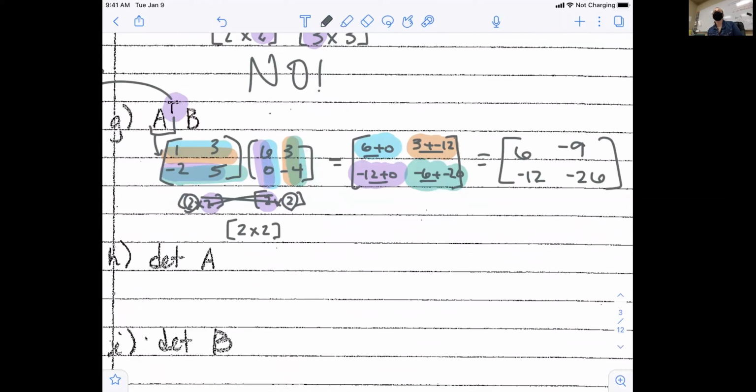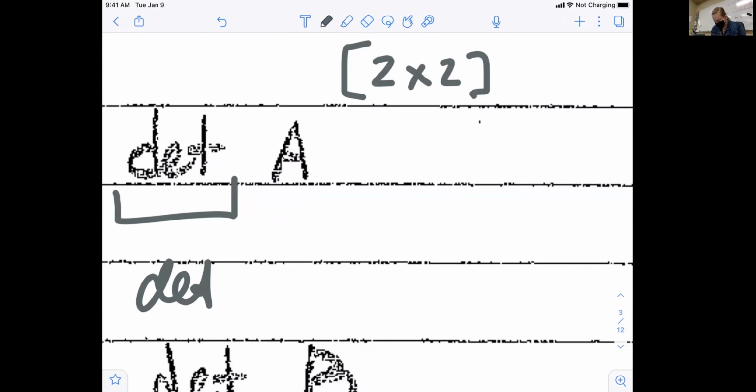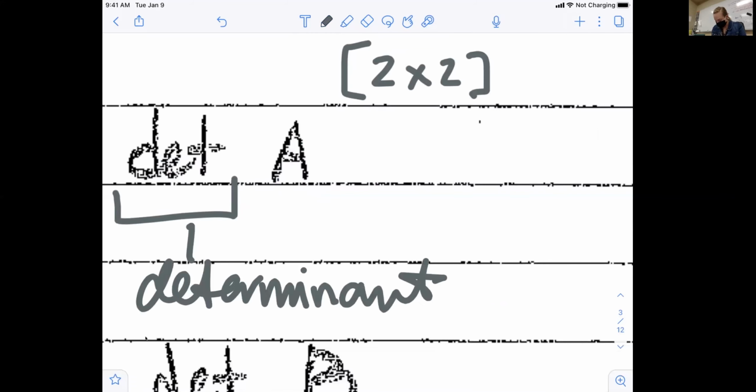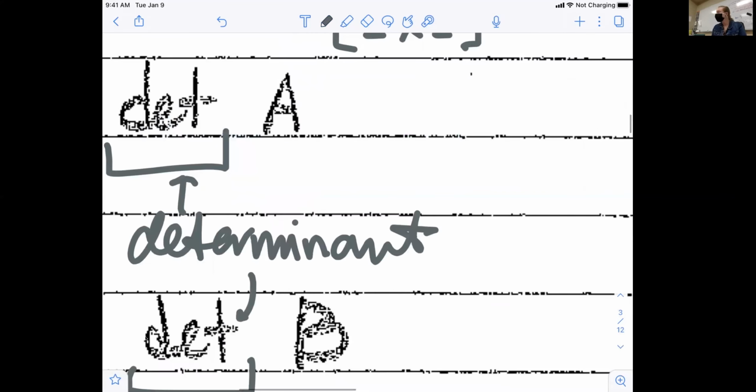Questions yet? Okay, next I've got DET A. These DETs refer to something called the determinant. I don't think we got to this today in my other class, but we're going to do inverse functions later.